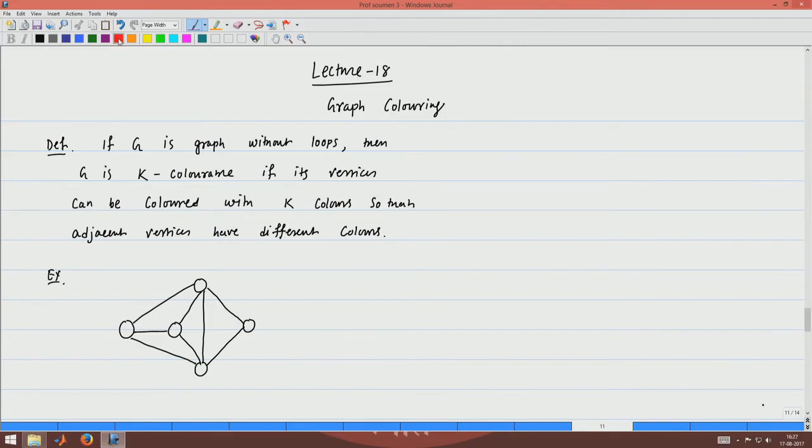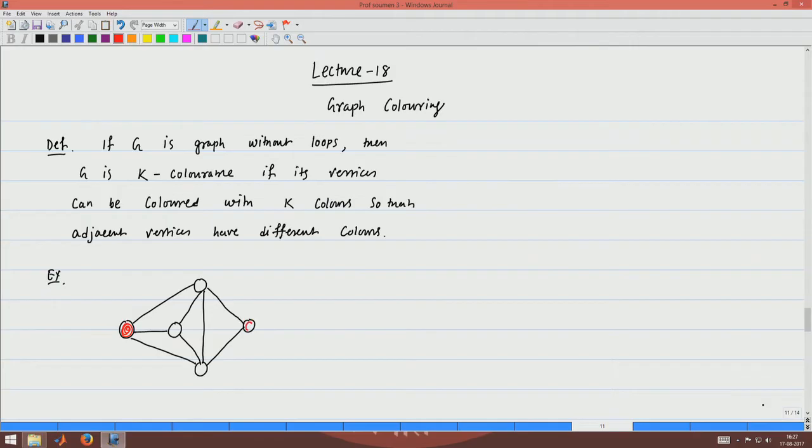So, if I color this vertex say red, I can't color these vertices red. I can't color this one red, this one red, and this one red, because these three vertices are adjacent to this vertex, and adjacent vertices must have different colors.